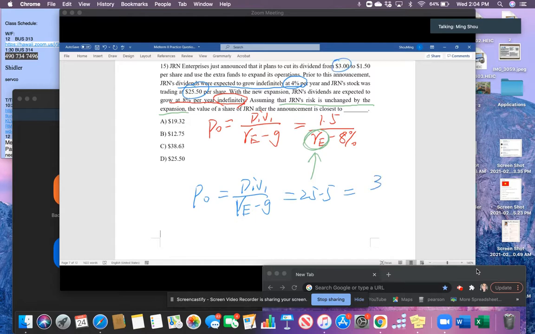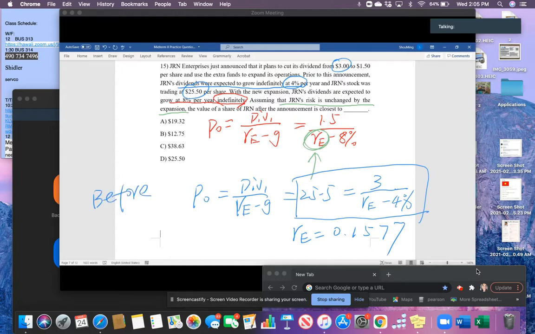It's also given information. But we don't know the IE, but we know the growth rate is 4%. So with this equation, you can calculate what is IE, right? What is the equity cost of capital? So we can solve this equation, and you can find the IE would equal 0.1577.